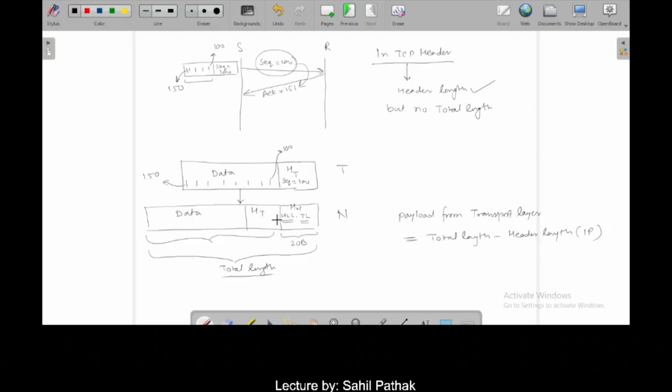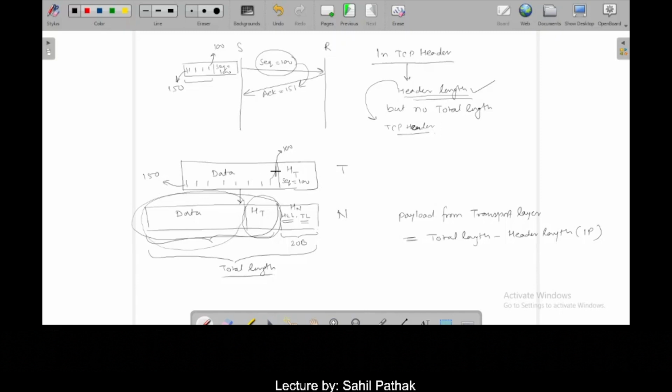Okay, now we have one field called header length in the TCP header also. So this header length will give me the length of the TCP header. Okay, so TCP header की length मुझे मिल जाएगी. And once I got this, what I am remaining with is the data.